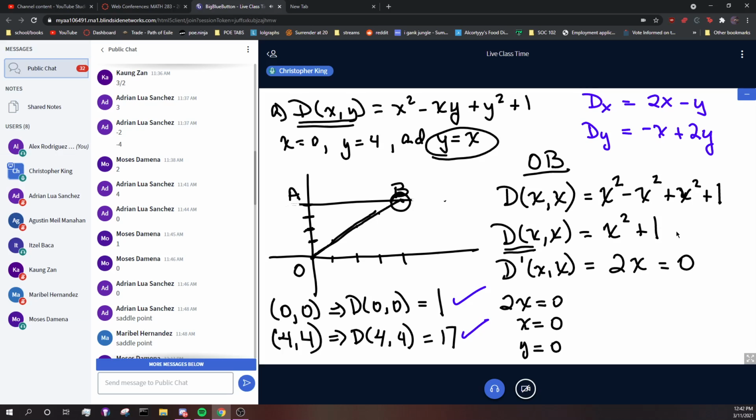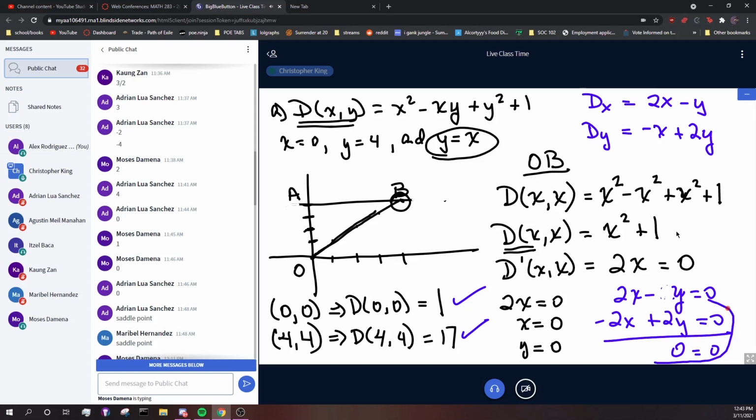So if I solve this system, I have 2x minus y is equal to 0. The second one, if I multiply by -2, gives negative 2x plus 2y equal to 0. Well, this is going to give us 0 equals 0, so it tells us absolutely nothing. This is why we didn't really worry about this, because this is what's going to happen.